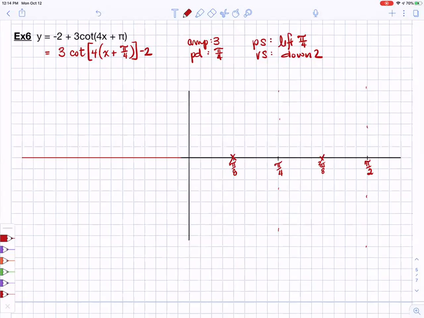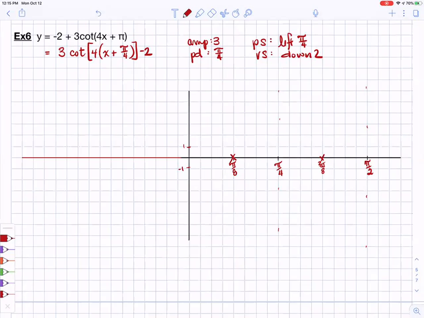So now let's take our 5 magics and let's shift them all to the left pi over 4. How many blocks is that? So everything's going to go 8 blocks left and down 2 blocks. Well, right now, I don't know what down 2 blocks means until I assign what 1 unit is. So I'm just going to go ahead and make 1 block 1 unit so that I'll know what down 2 means.